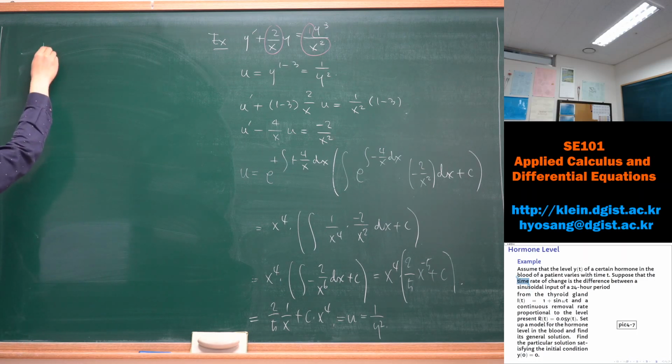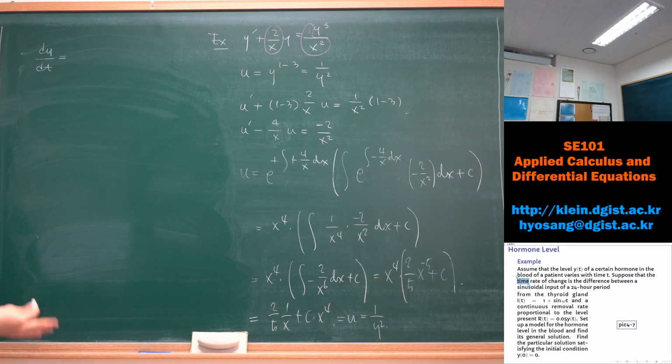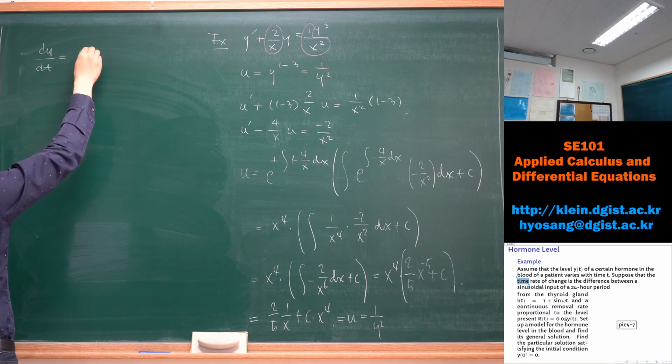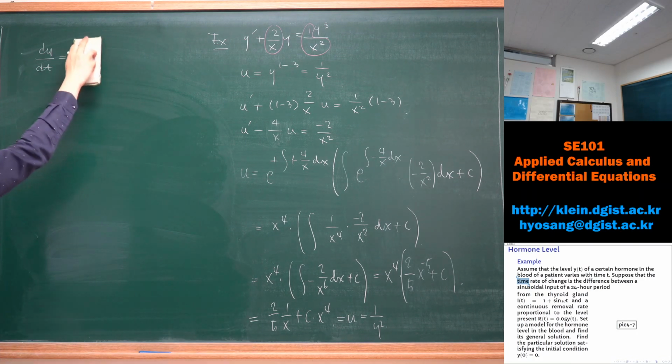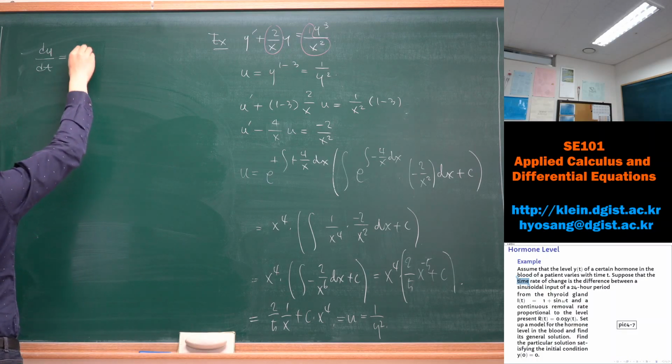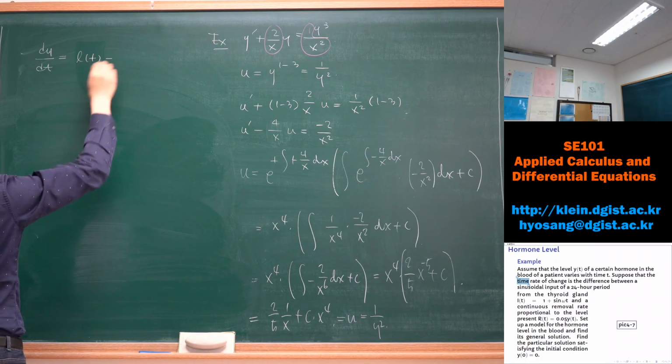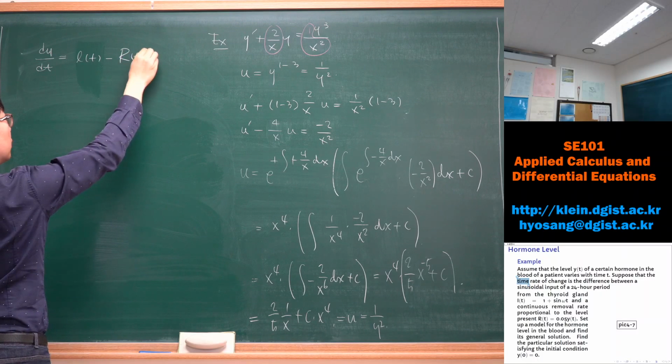So dy/dt is the rate of change of hormone level, and there's an input from the thyroid and an output from the removal by your body, okay? The input is L(t) and the output is R(t).